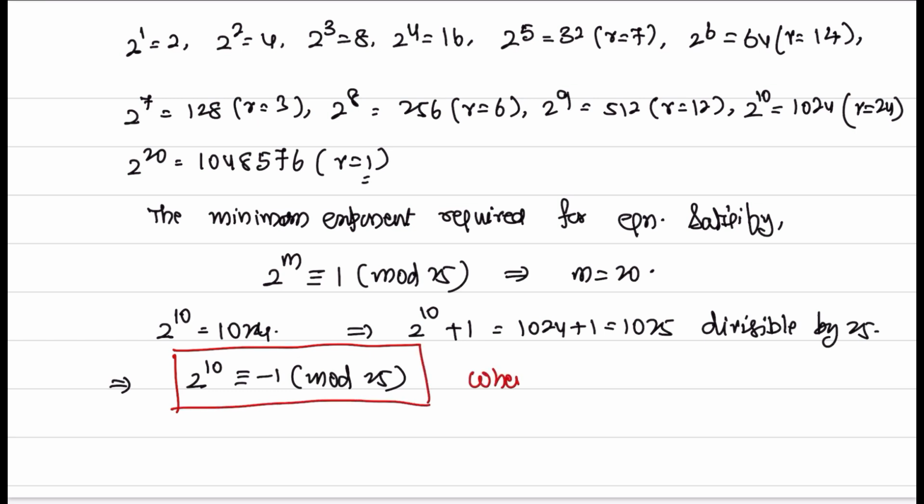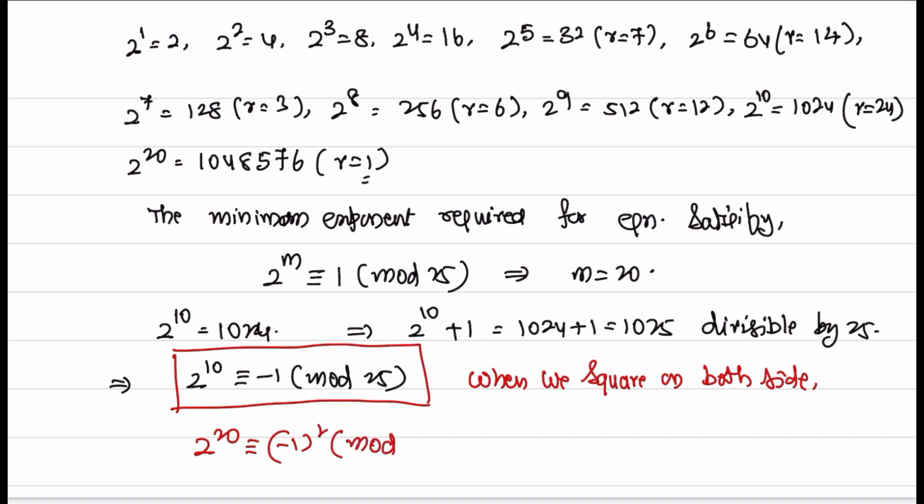When we square on both sides, we need not do 2 to the power of 11, 12, 13 like that. To the extent possible we will do, and afterwards we will square. 2 to the power of 10 when we square, 2 to the power of 20 is equivalent to minus 1 whole square mod 25. That implies 2 to the power of 20 is equal to 1 modulo 25.